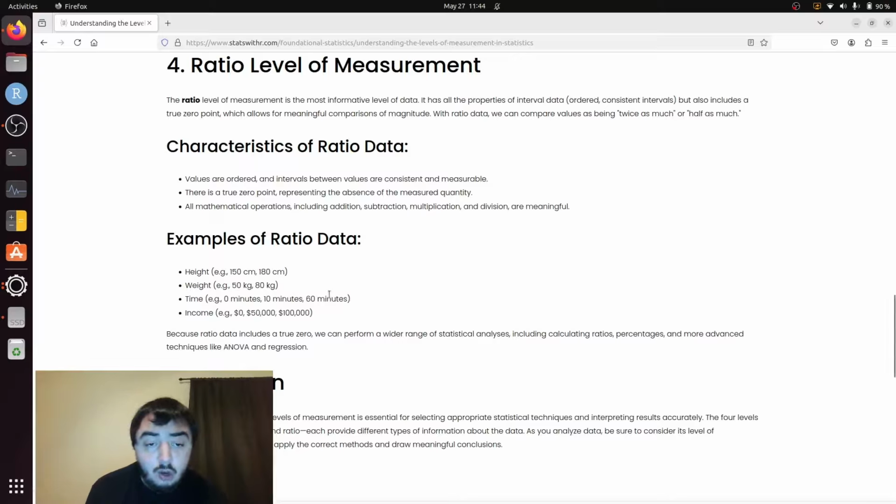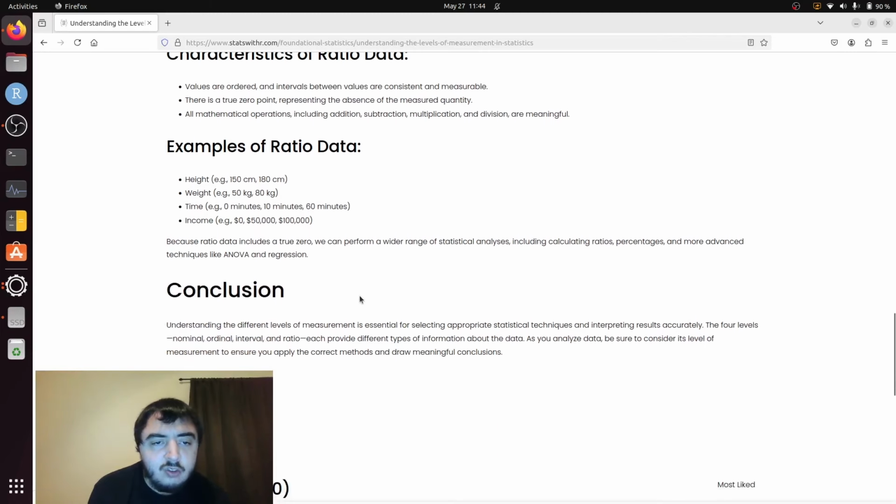Time, 0 minutes is the absence of elapsed time. And income, 0 is also meaningful. So you can make statements about ratio. $100,000 is twice as much as $50,000. So that all works out.